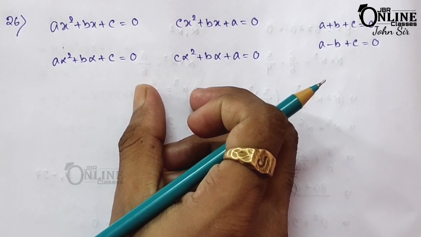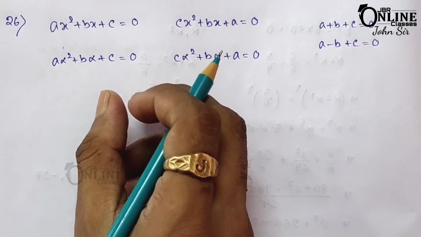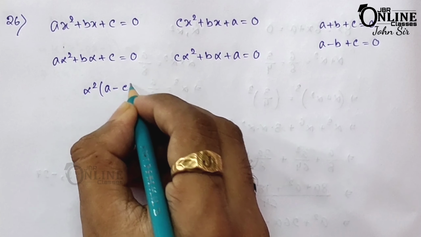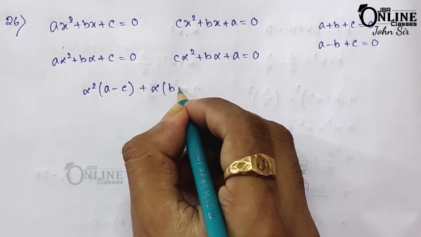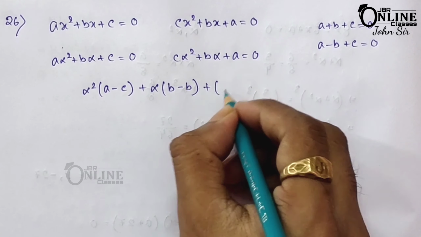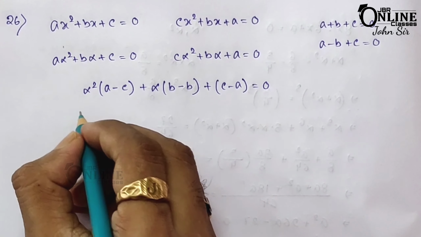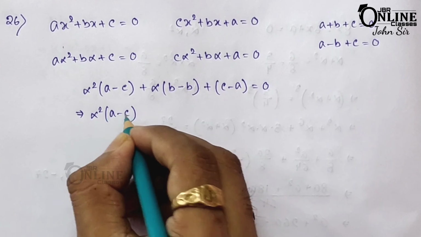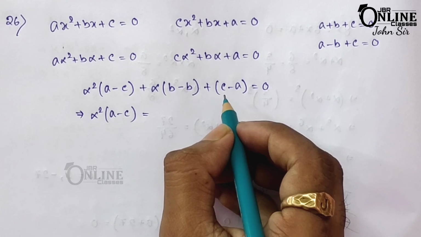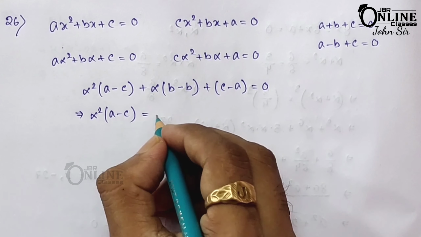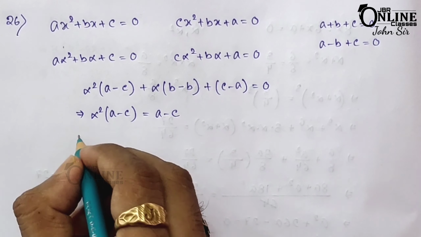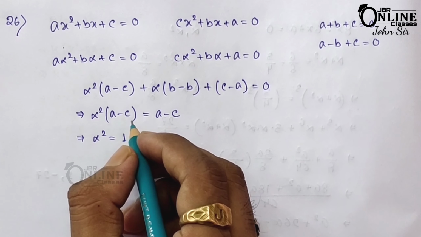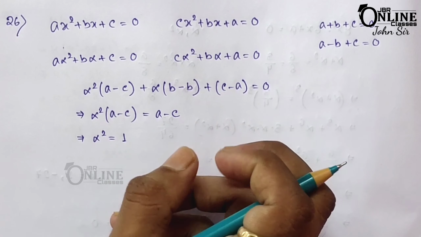Now if you subtract equation 2 from 1, then alpha square will be common, so it will be (a minus c), then alpha will be common, it will be (b minus b), and the last one (c minus a) equals 0. So here b minus b will be 0. So alpha square into (a minus c) equals, as here c minus a, on the right hand side it will be a minus c. Then from that alpha square equals 1, because (a minus c) divided by (a minus c) equals 1. Okay, so it's very easy.